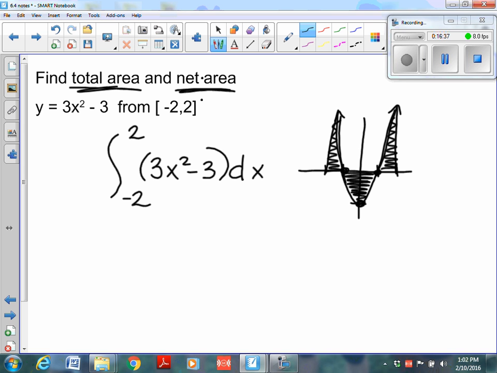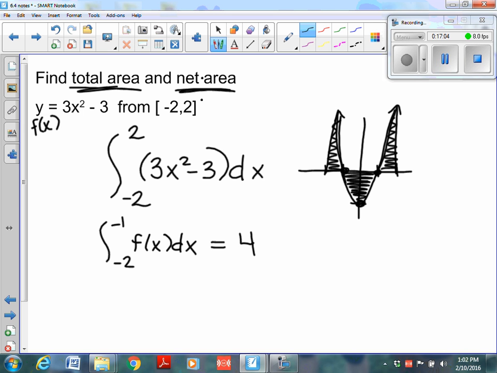So, you could integrate from a negative 2 to a negative 1, and I'm just gonna make this f of x dx, so I don't have to keep writing down the same equation again. I can integrate from a negative 2 to a negative 1, and you can see that you're gonna get a positive answer when you do it, correct? You're gonna get a positive 4.